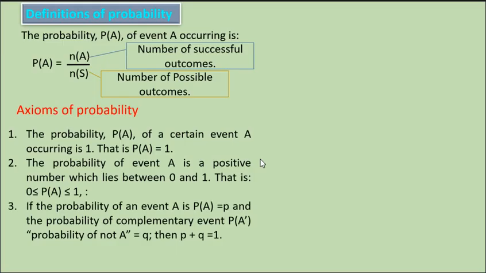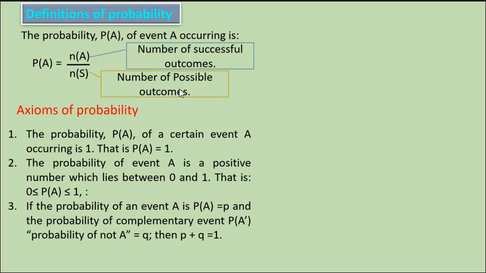Number 3, the probability of event A, written as P(A), is equal to p. That is, if it will happen, we can represent that one that has happened, the truth about it, as p. Then the complementary event, the opposite of it, is q. Now, if the probability of the event happening is p, and the probability of that event not happening is q, if I add them together, I'm going to get 1, because 1 is certainty.